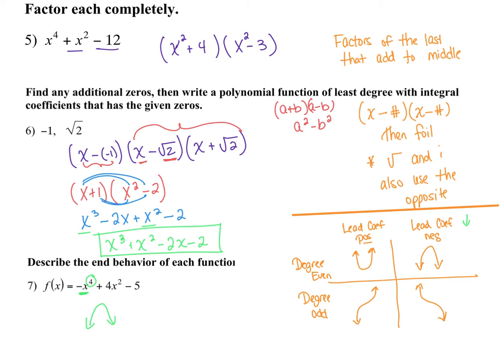Or you could say left side is down and right side is also down. But you're literally looking at your first number. Positive, it goes up. Negative, it goes down. And then your exponent, they go the same direction. So both up, both down, right? Or they go opposite direction. It goes up or it goes completely down.